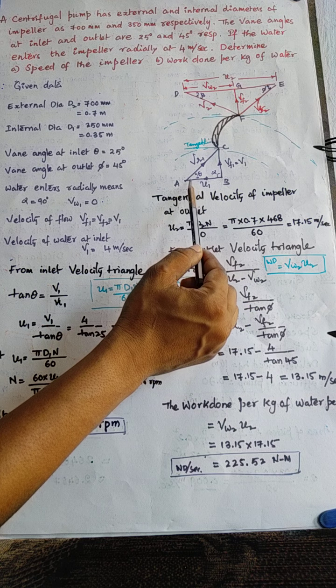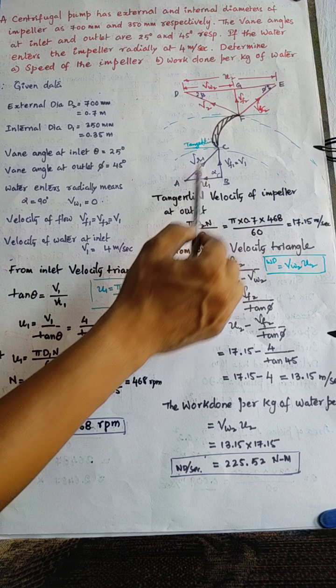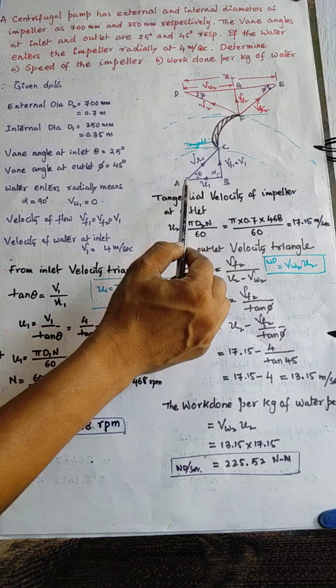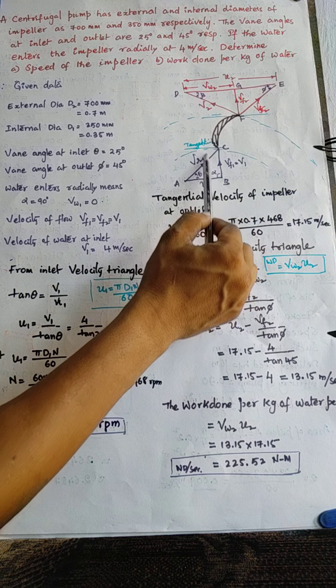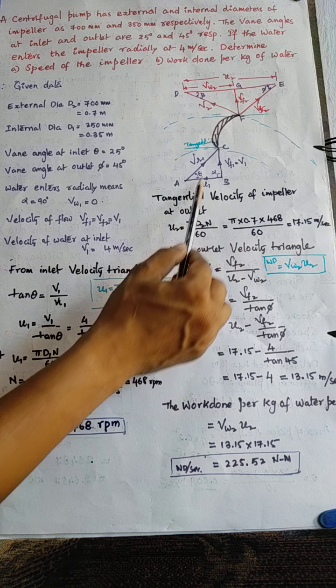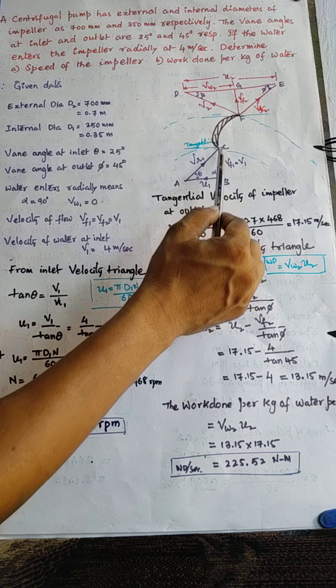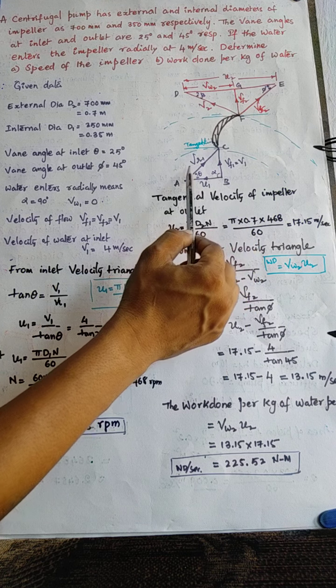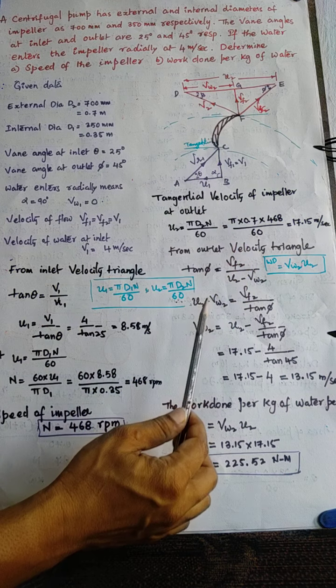So we are taking the relative velocity. By joining those two lines, we get the relative velocity. So we are considering relative velocity VR1 at inlet. So U1 is the blade velocity, V1 is the velocity of water, and VR1 is the relative velocity at which water is entering at the inlet.